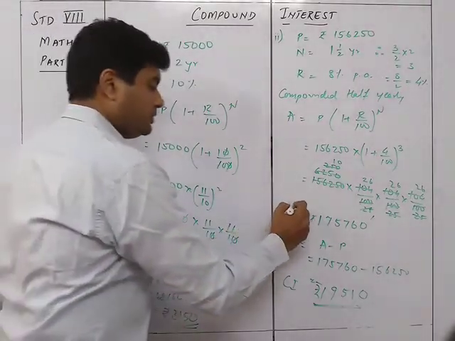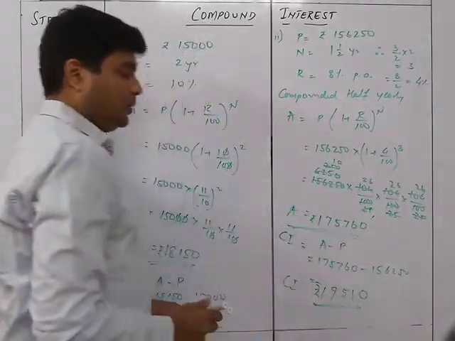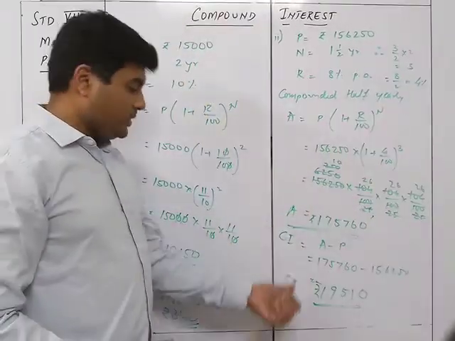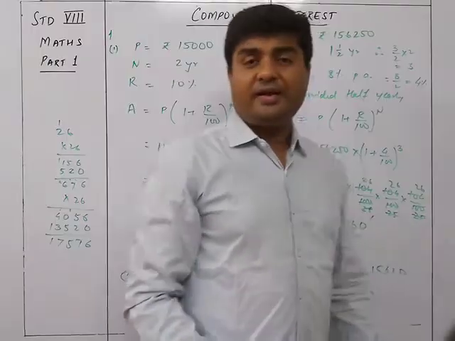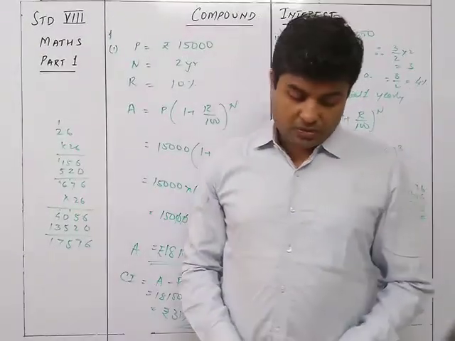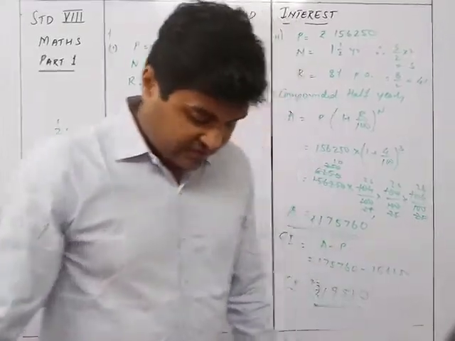This is the amount. So the two answers: 1,75,760 is the amount and 19,510 is the compound interest. So that's the second sum.